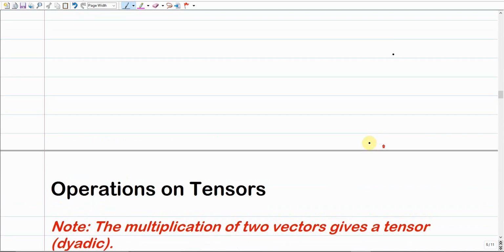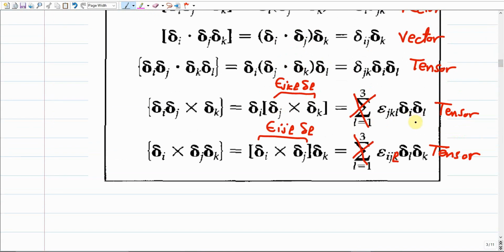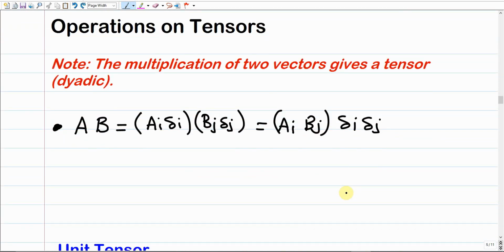As we discussed above, the multiplication of two deltas, a vector and another vector, automatically gives a tensor. What we end up with is a tensor, where i indicates the row and j indicates the column. This is the compact form of the tensor.